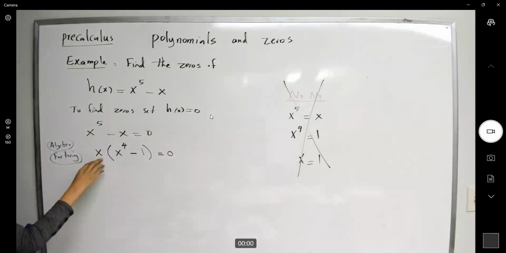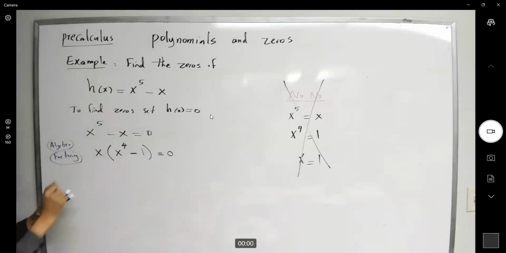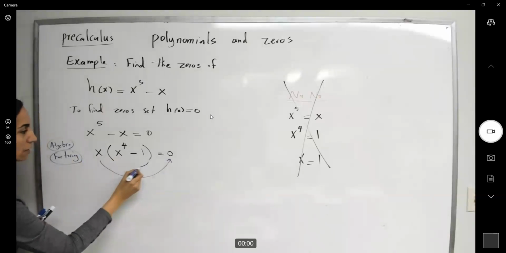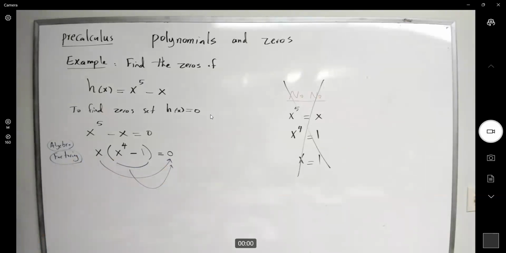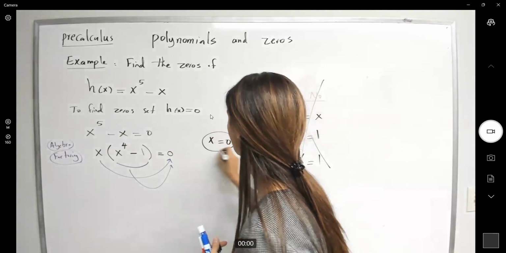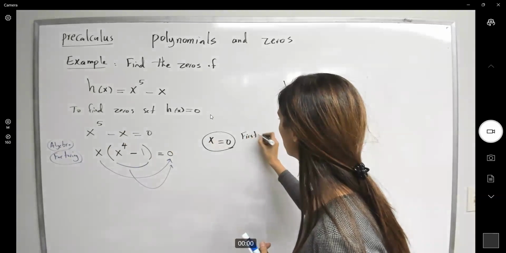I have to set x equal to 0, and I also have to take this expression and set it equal to 0. So x is 0, x to the fourth minus 1 is 0. You have to deal with these two separately. X is 0. We found the first 0. This is our first 0.